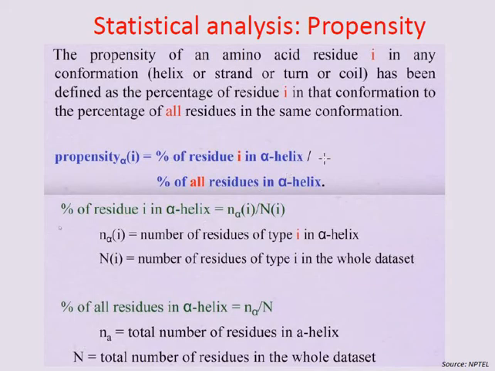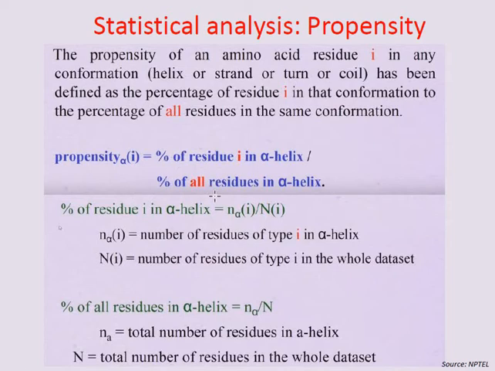In a protein there can be several alpha helices, so it is the residue percentage in all the alpha helices divided by the percentage of all residues in an alpha helix, that is, how many residues there are in the alpha helices. This gives you the propensity of a particular residue i in a protein data set.